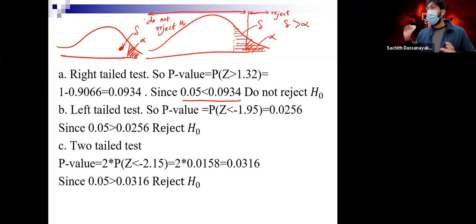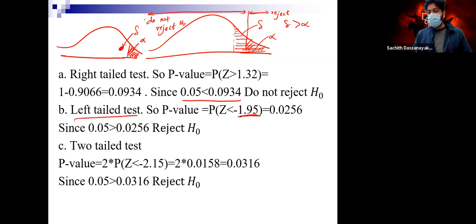Everything changes if you use a left tail test or a right tail test. So while you are solving your problem, try to remember which tail you are dealing with.